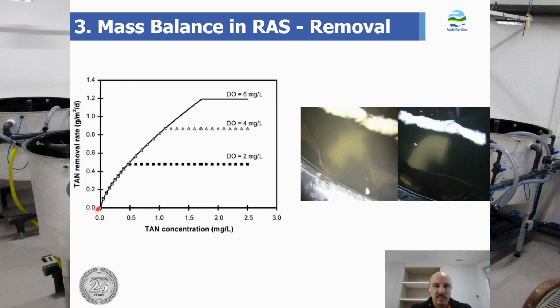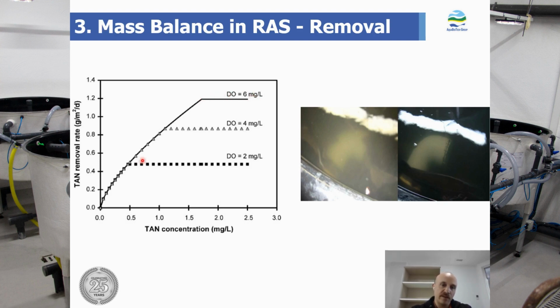The way these bacteria work in general is that the more substrate they have, in this case nitrogen, the more they are able to remove, again up to a certain point where another element can become the limiting factor for their consumption. In this case it is oxygen.